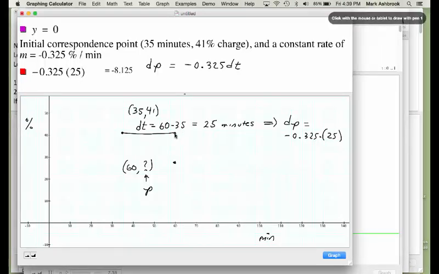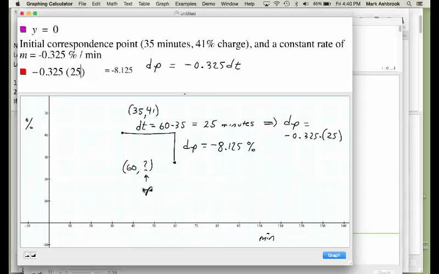And that will be represented by this decrease right here on the graph. So the change in P is going to be m times the change in t, negative 8.125%.